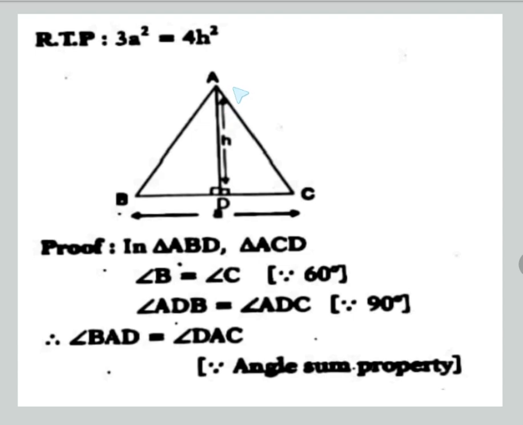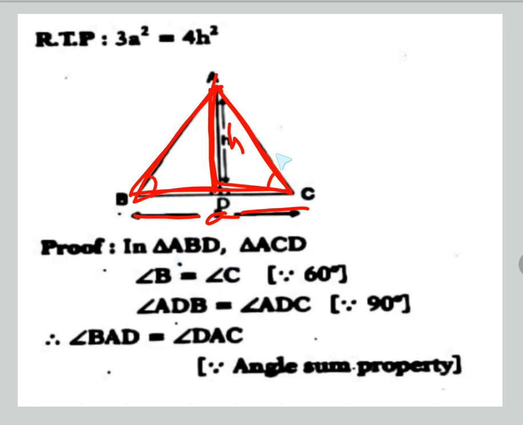Now, this is triangle ABC. The altitude is AD, that is H. Now the side is A. In triangles ABD and ACD, we know that angle B is equal to angle C. Why?